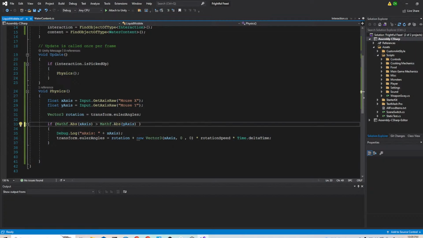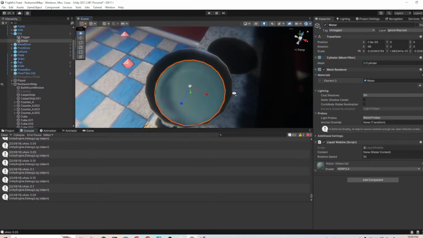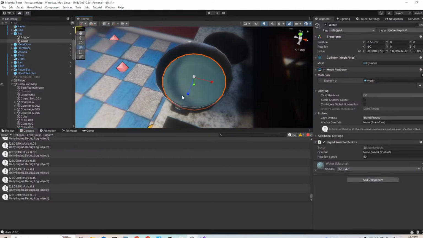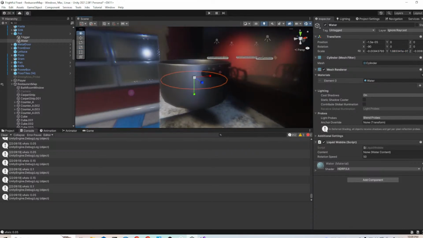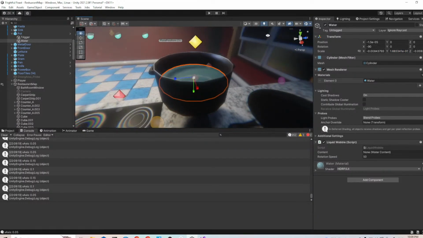And... okay, so this is where we have to do the angle stuff. What's the radius of this? Oh my god. We'll have to work with local scales, I think. It's a problem.